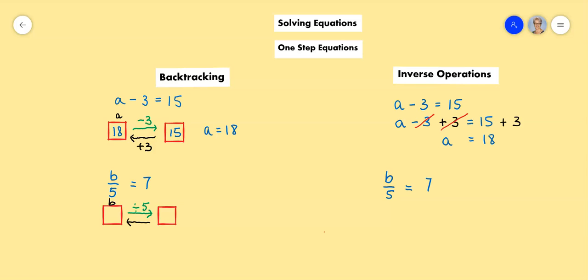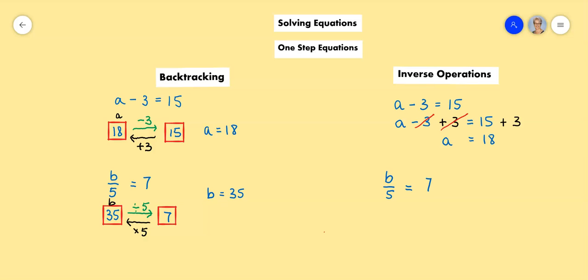Now, the opposite of dividing is multiplying. So what I'm going to do here is I'm going to multiply by 5 to undo that equation. Now, our answer was 7. So to work backwards, we're going to times by 5. And 7 times 5 gives us 35. So b is equal to 35.